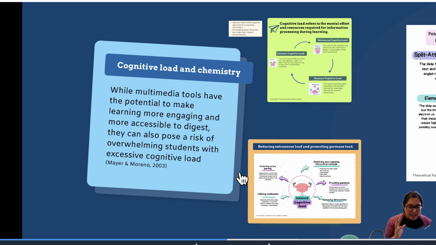I wanted to have that extra step of just going for it and analyzing my own instructional materials and the multimedia, specific for an image, right, which is what a PowerPoint presentation is, and make that assessment of how does it promote or reduce extraneous load and promote germane load, or how does it cause extraneous cognitive load.